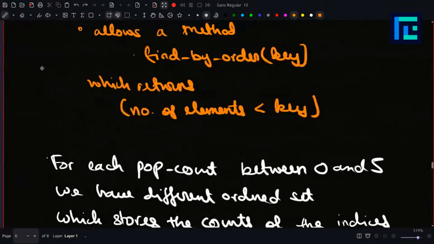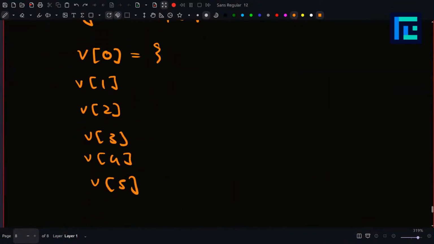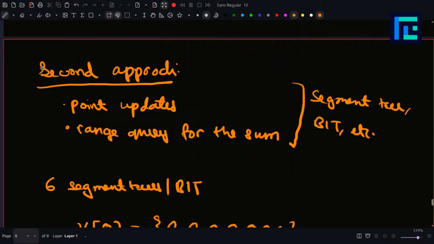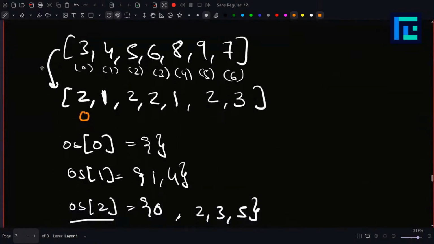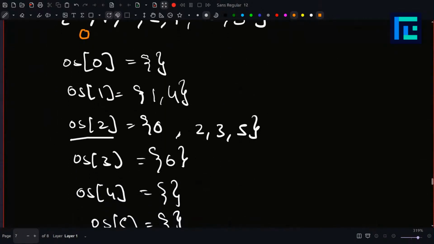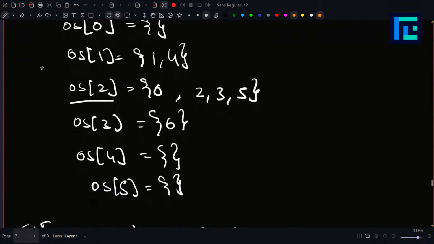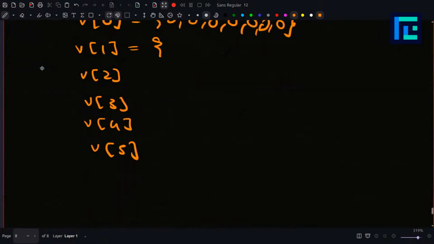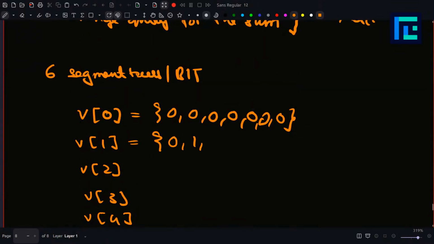And there are a total of 7 elements, right? So the first segment tree will look something like this: 0, 0, 0, 0, 0, 0, 0. And the second segment tree will be on at positions 1 and 4. It will be 0, 1, 0, 0, 1, 0, 0, right?